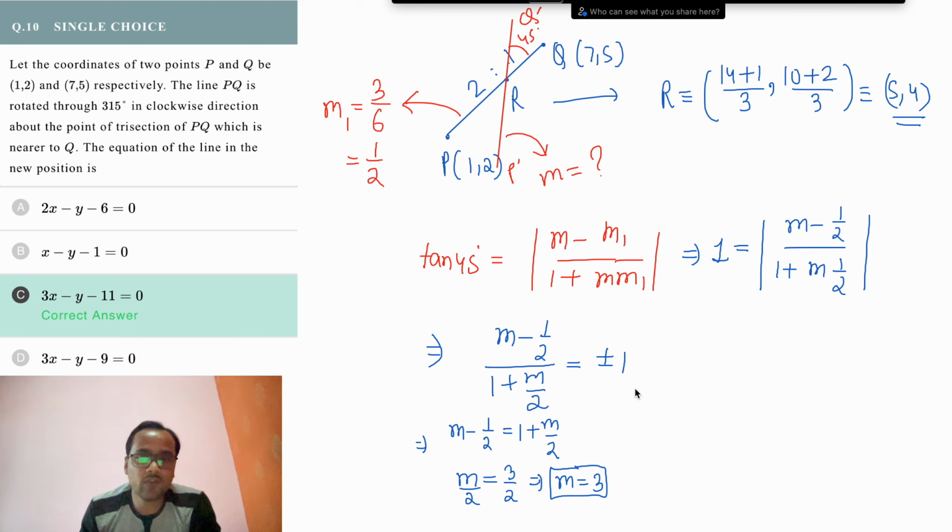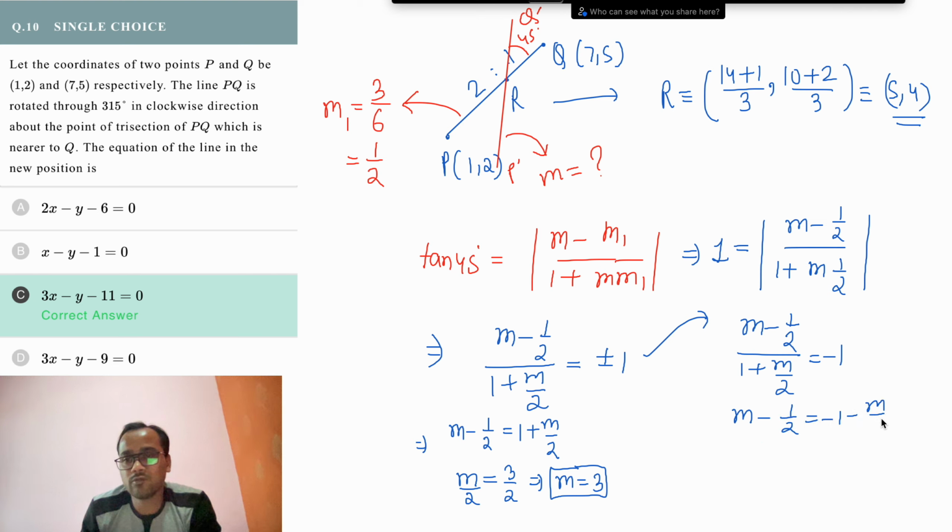One more thing, if you take minus 1, you would be getting (m minus half) upon (1 plus m by 2) is equal to minus 1. So from here the value of m will be: m minus 1 by 2 is equal to minus 1 minus m by 2.